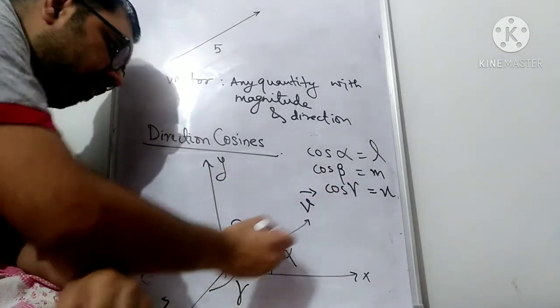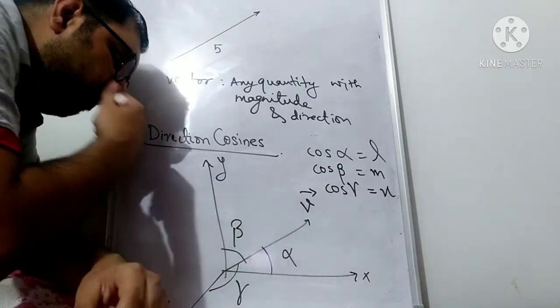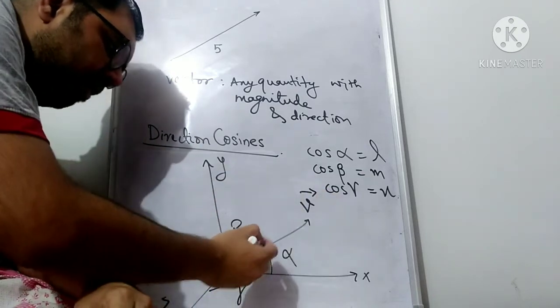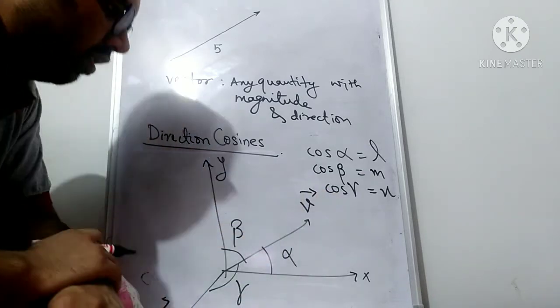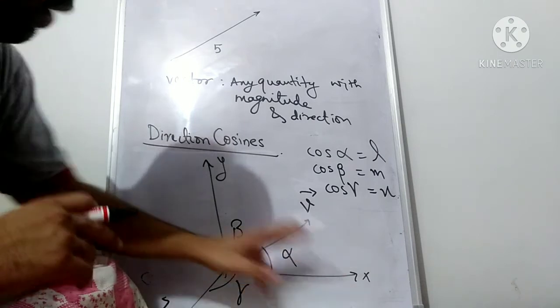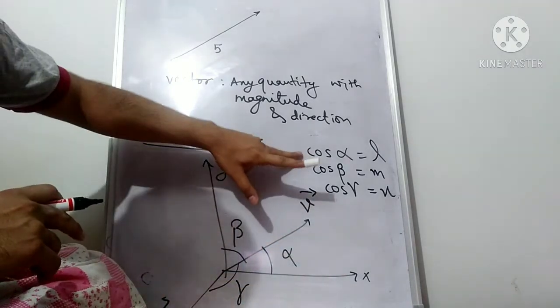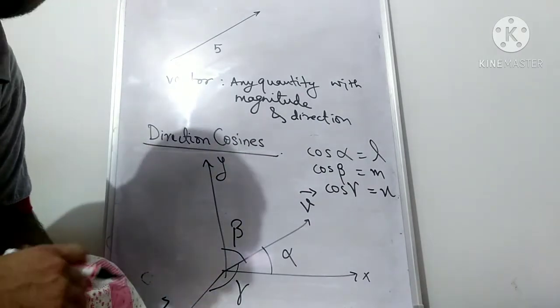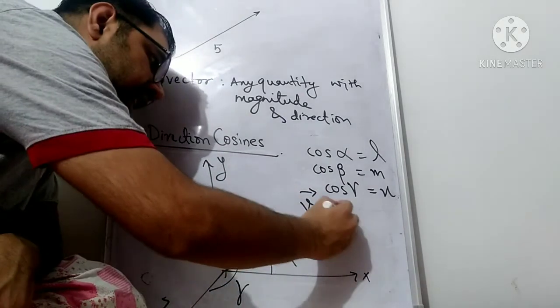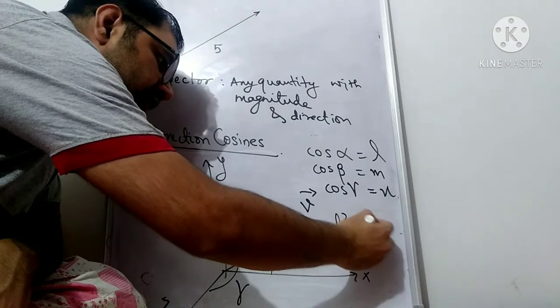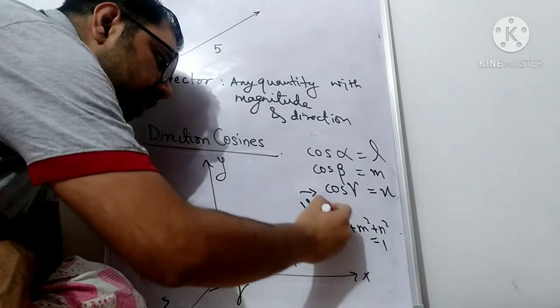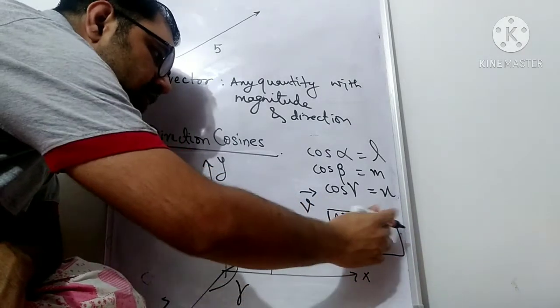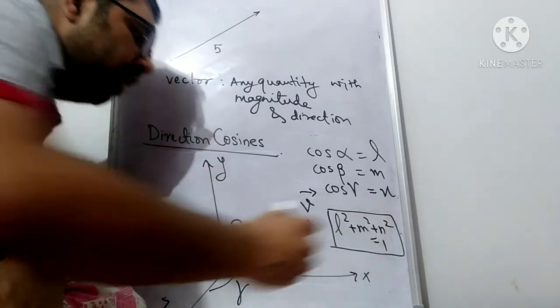So for any line which is making angles alpha, beta, and gamma with the x-axis, y-axis, and z-axis, if you take cos alpha, cos beta, cos gamma, then those values are called the direction cosines of that line, and the sum of the squares of the direction cosines is always equal to 1. So L square plus M square plus N square will always be equal to 1.